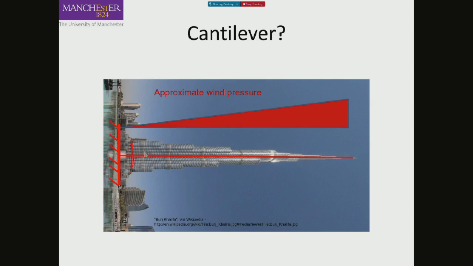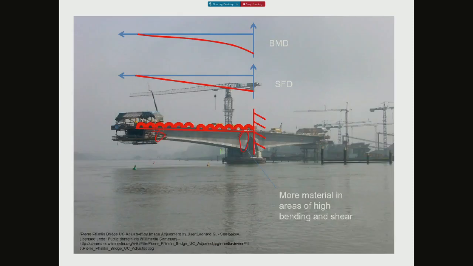So you need more material in this part, of course for other reasons as well, vertical load as well, but even for sidewise load like wind, you need a higher area near the support, same as you did for these cases of the bridge.